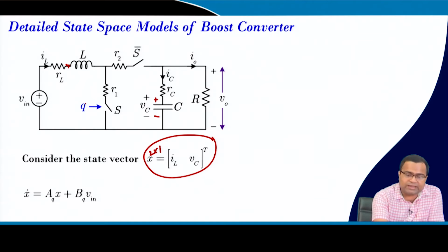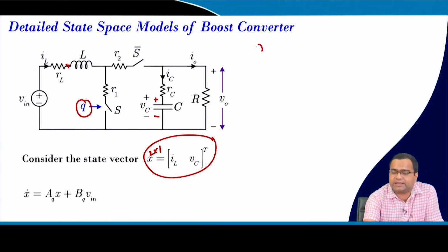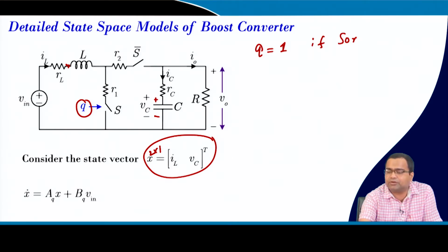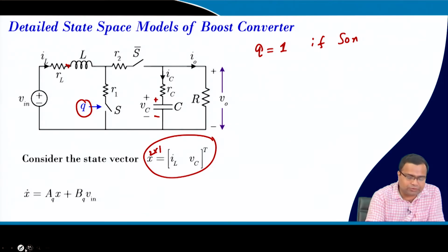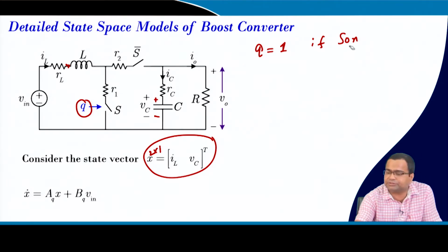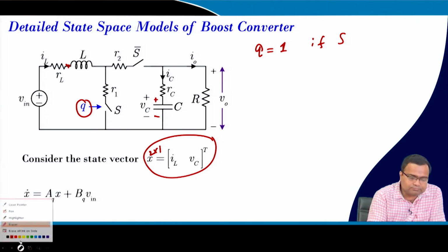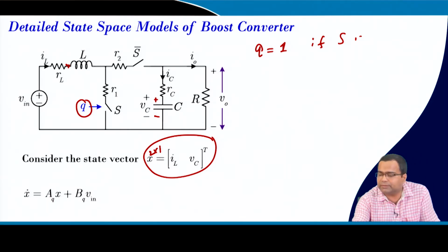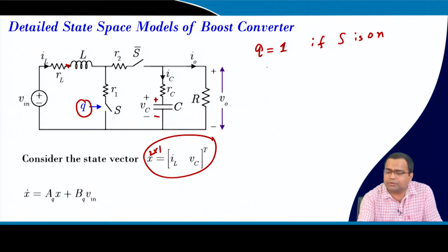Because we have a Q variable here, and Q can take the value 1 if the switch S is on, and equal to 0 if S is off.